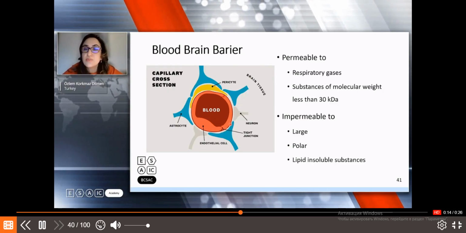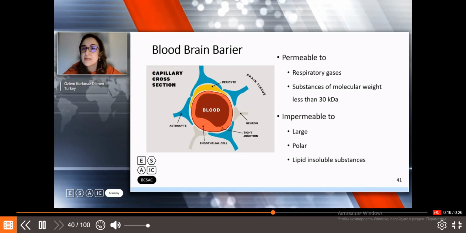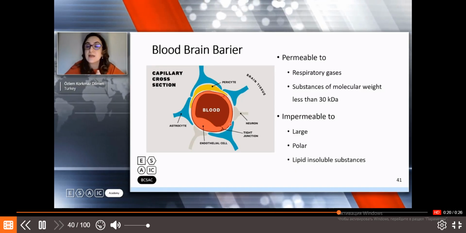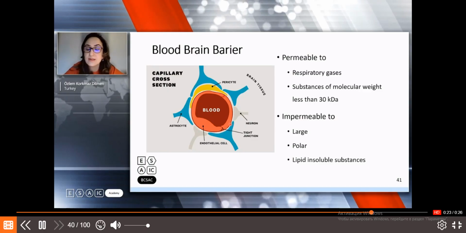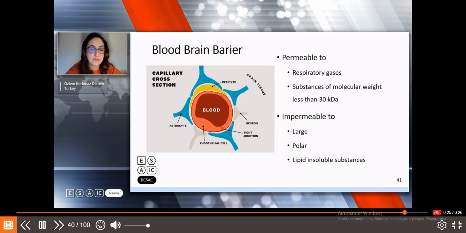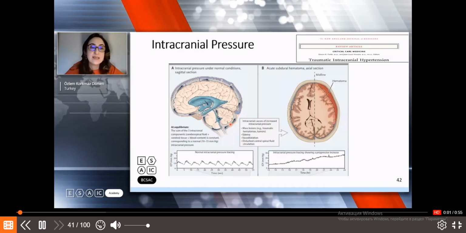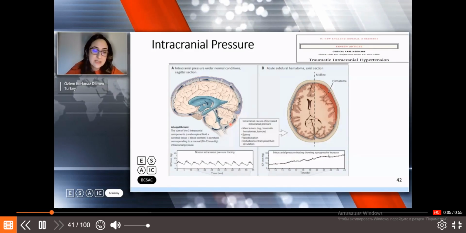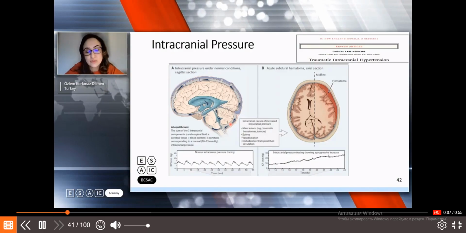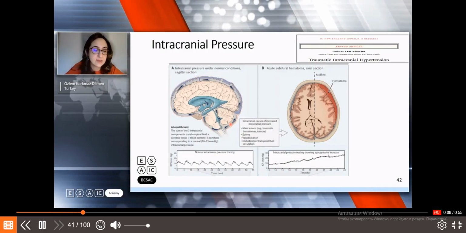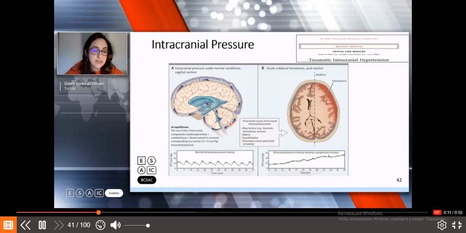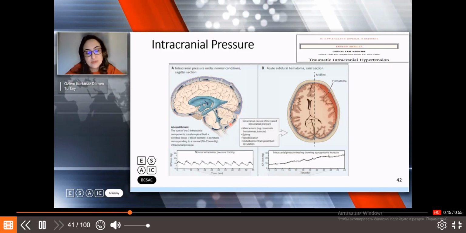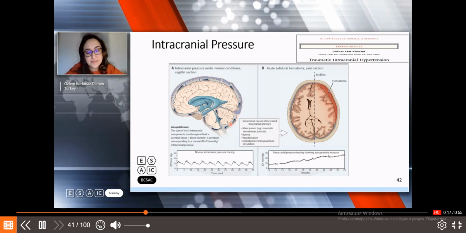That structure is permeable to respiratory gases and substances of molecular weight less than 30 kilodalton, and impermeable to large polar and lipid insoluble substances. In adults, the rigid cranium essentially forms a fixed brain volume. The contents of this fixed brain volume are the brain parenchyma, cerebrospinal fluid, and the cerebral blood.